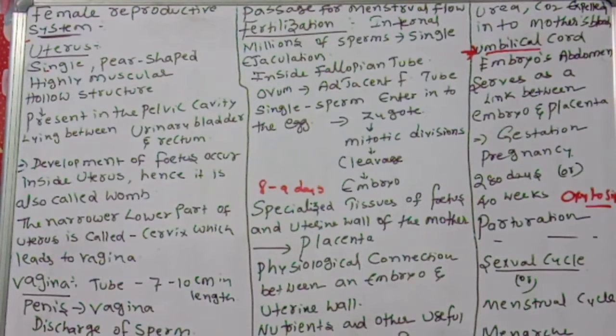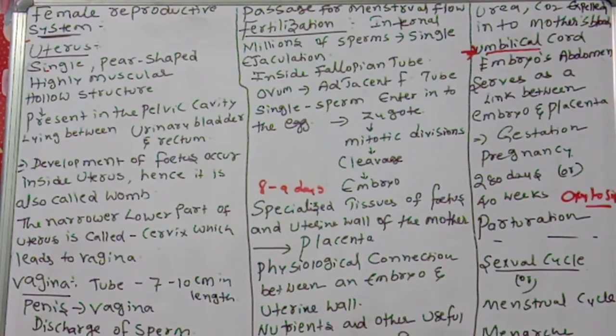Like that, the different concepts will be discussed in the next video. Next video we will discuss the sexual or menstrual cycle, menarche, menopause, and such female reproductive system related concepts.